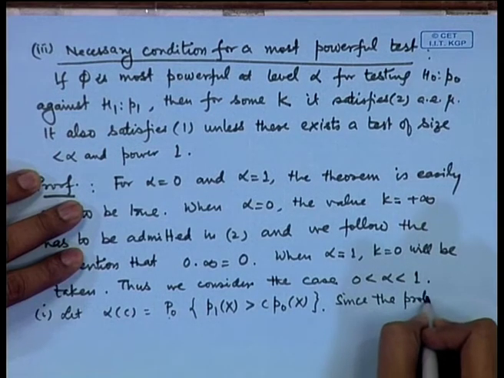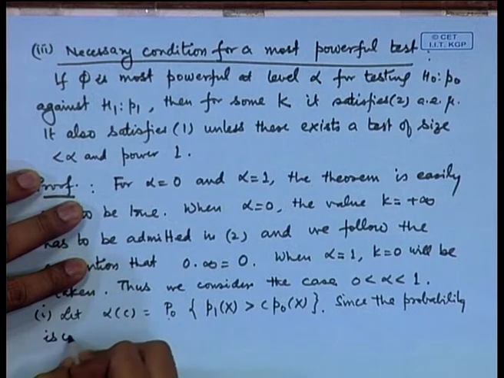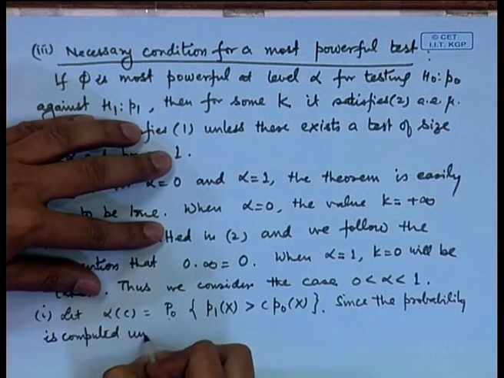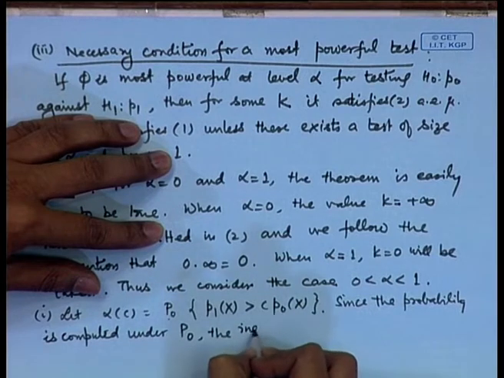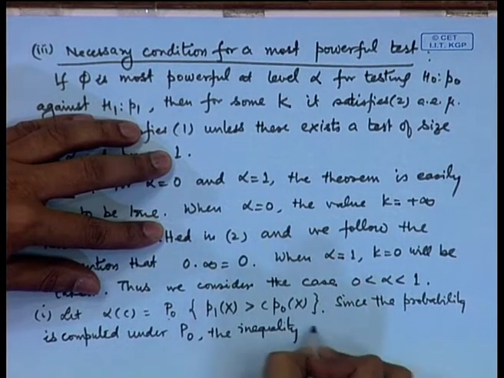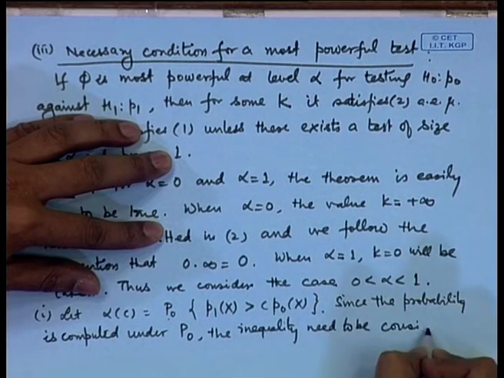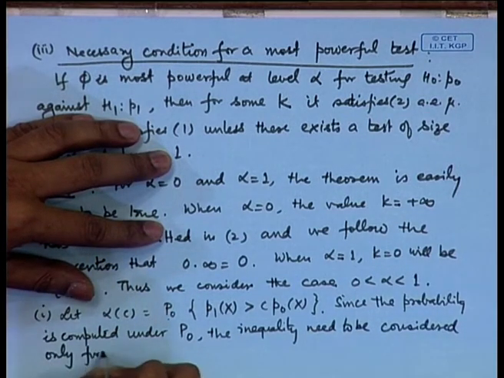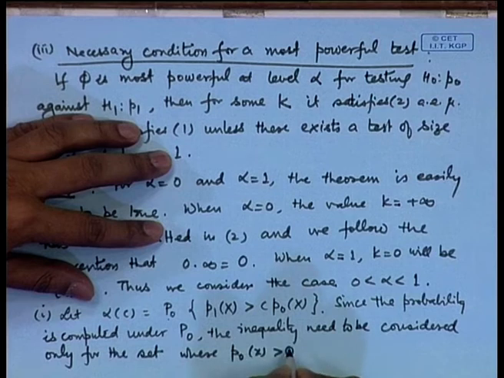Since the probability is computed under P naught, the inequality need be considered only for the set where P naught x is strictly positive.